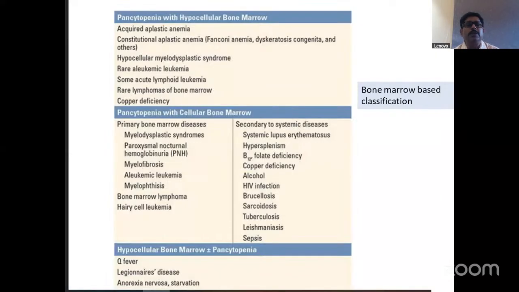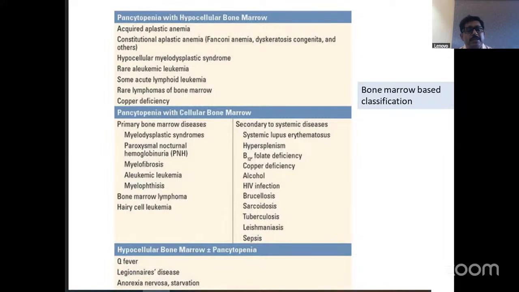When you see the bone marrow, and if the bone marrow in pancytopenia patients is hypocellular, the causes could be acquired aplastic anemia, constitutional aplastic anemia, which I just told you, hypocellular myelodysplastic syndrome, rare aleukemic leukemia, some acute lymphoid leukemias, rare lymphomas of bone marrow, and copper deficiency.